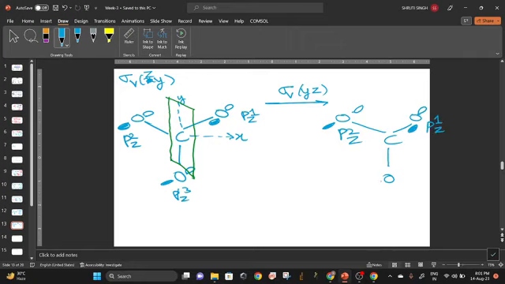This is the difference between axis and plane transformation. With an axis, the lobe sign also got changed, but with a plane, since it is simply reflection, it is not getting changed. This is PZ3. So how will the matrix look?